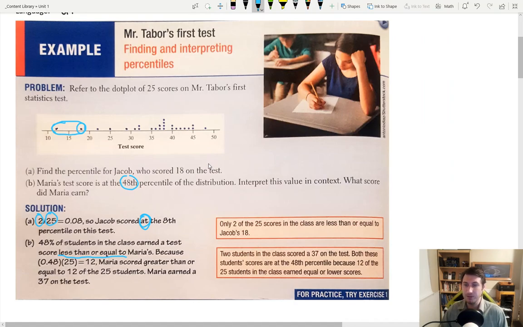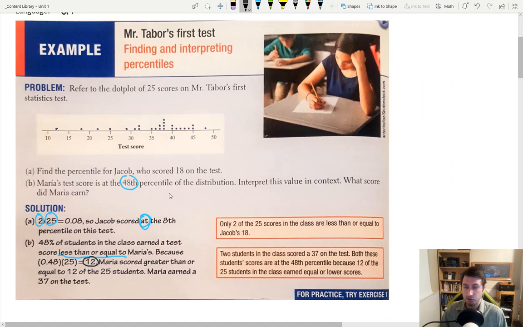Now how do you turn that into an actual score? You have to figure out how many students Maria actually beat, not as a percentile, but as an actual number. 48% of the 25 means she beat 12 other students.